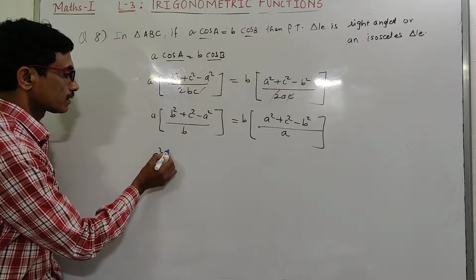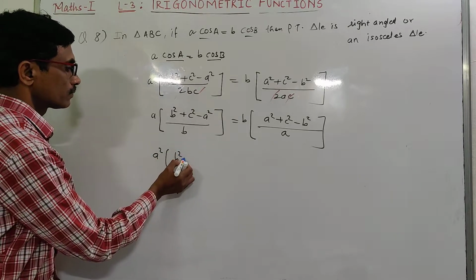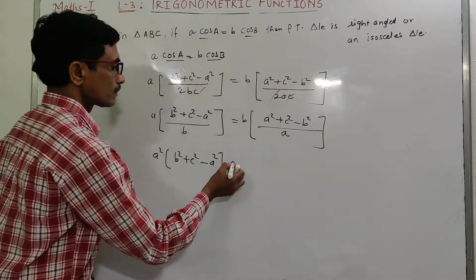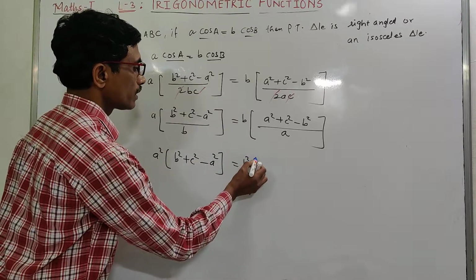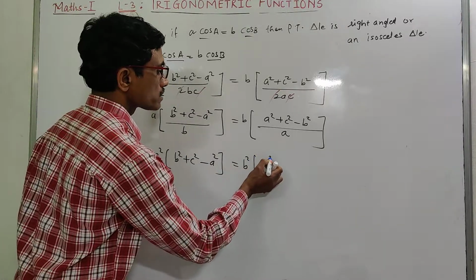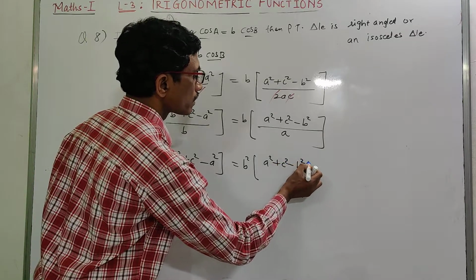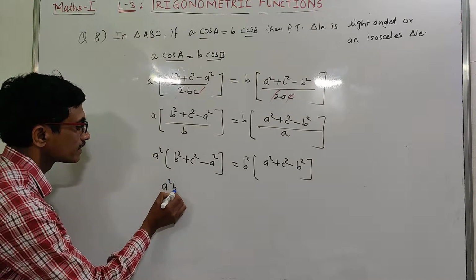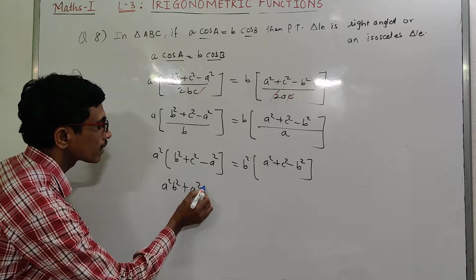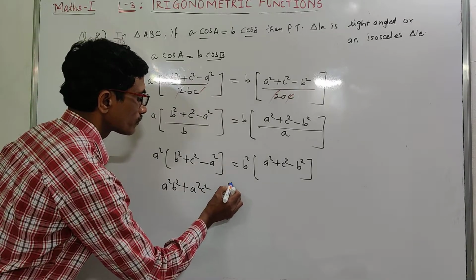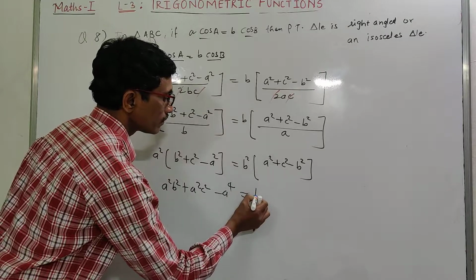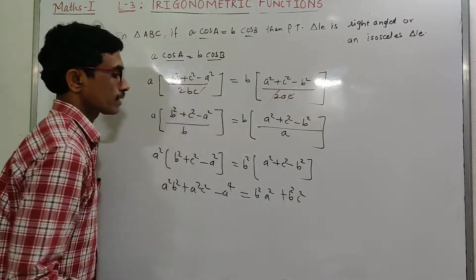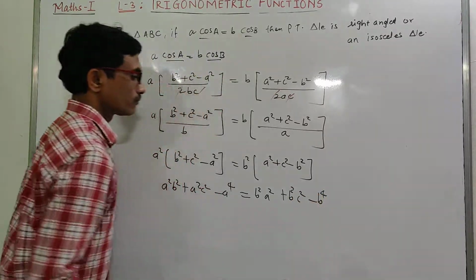Here a square into (b square plus c square minus a square), and b square into (a square plus c square minus b square). Multiplying: a square b square plus a square c square minus a to the power 4, and here b square a square plus b square c square minus b to the power 4.